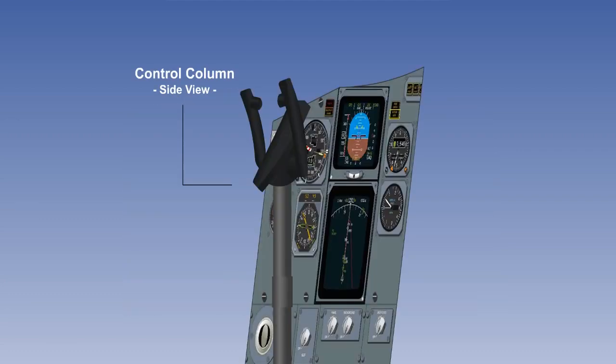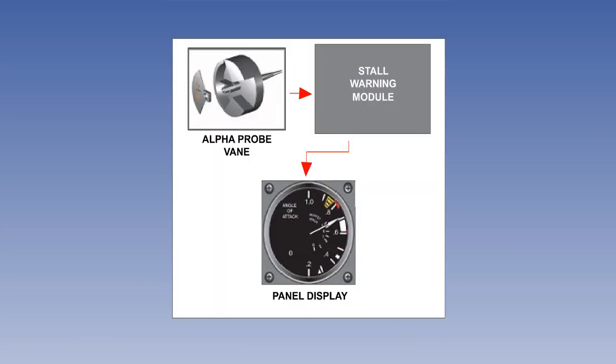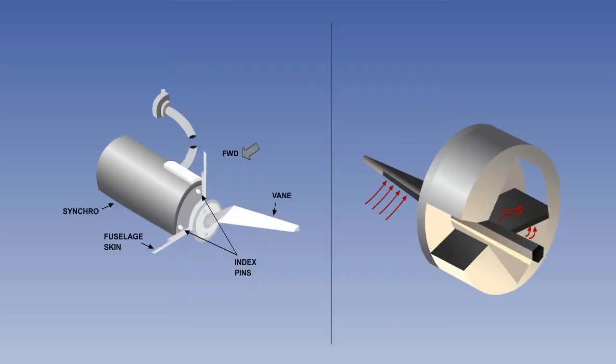Next was the stall protection system, how it differs from stall warning, and the different ways it is presented to the crew dependent on the age of the aeroplane. Finally, we considered the components of a typical stall warning system, including the types of probes that are used to input the angle of attack to the stall warning protection system.